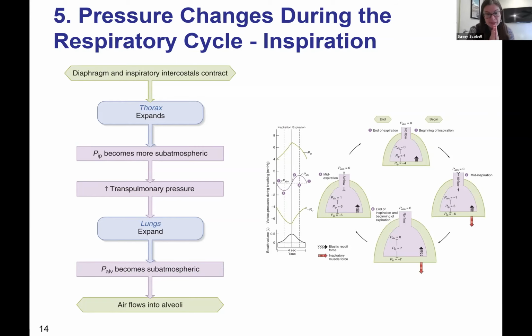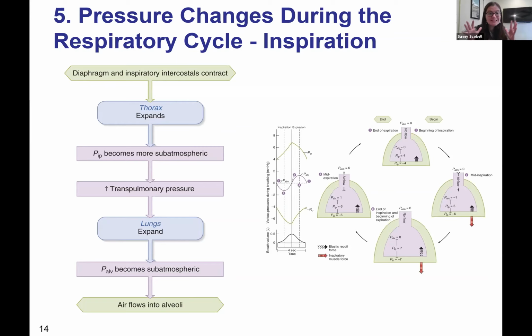So I want you guys to remember the container moves first. That changes the volume of the container and then directly affects the pressure inside the container. And then air is going to flow from high pressure to low pressure.